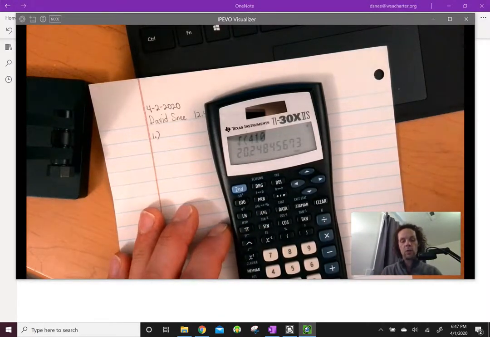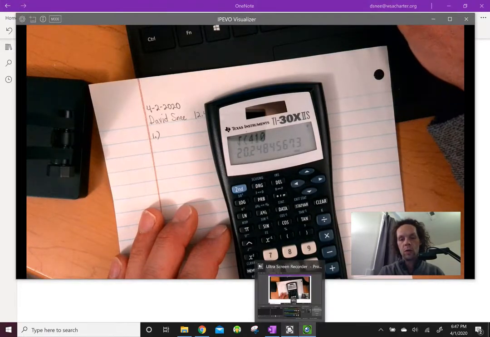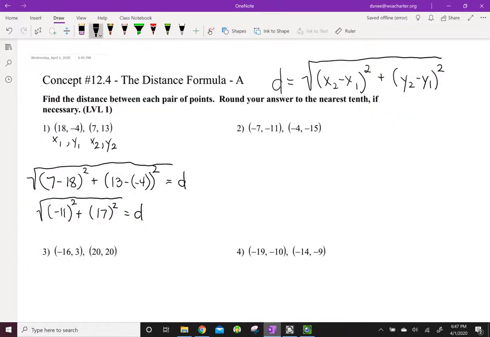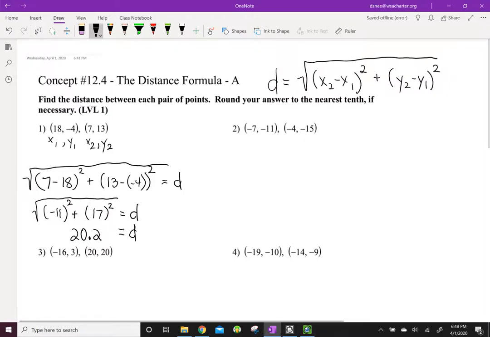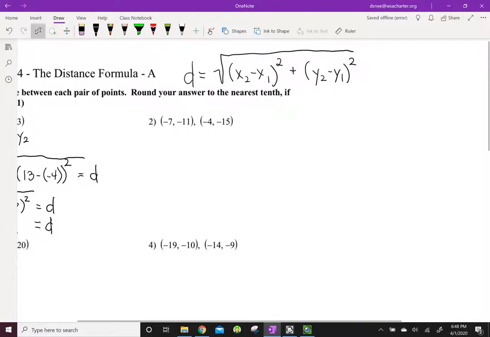And that's going to be 20.2. So D is approximately 20.2 to the nearest tenth. Okay, and make sure you're checking your answers on the answer key in the back.